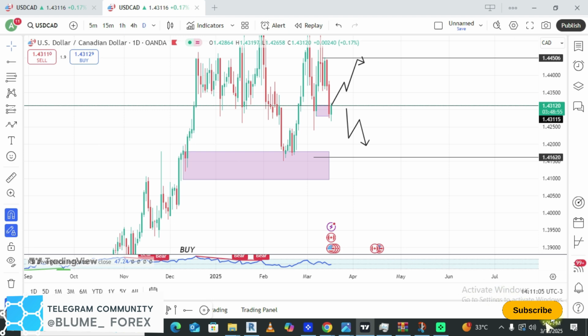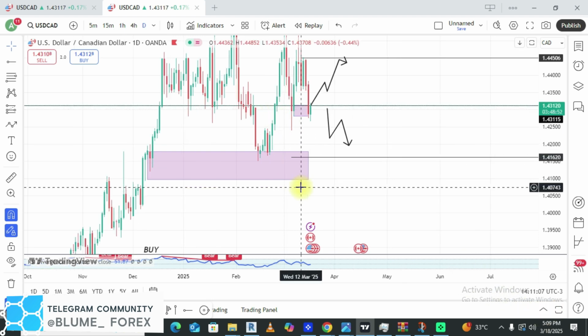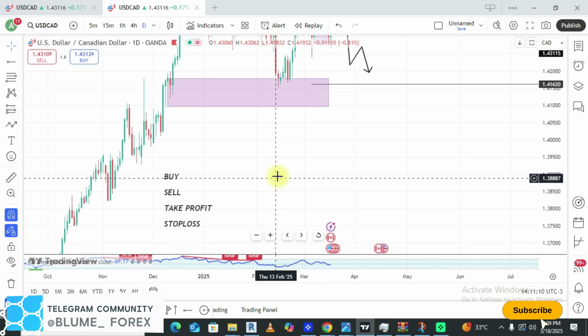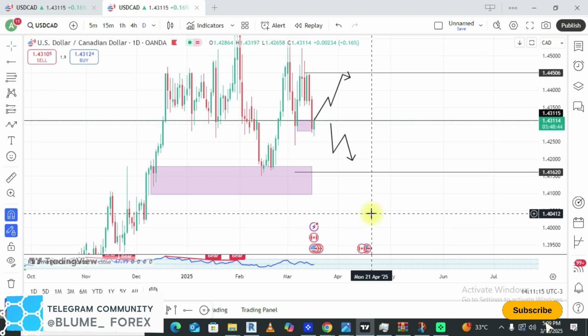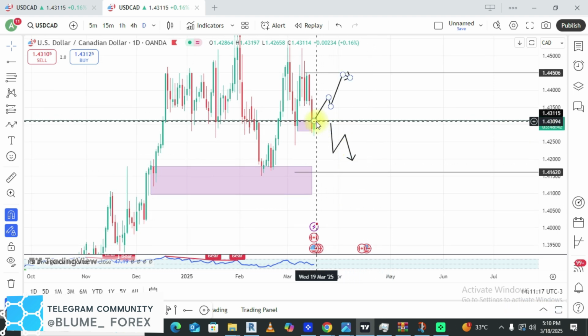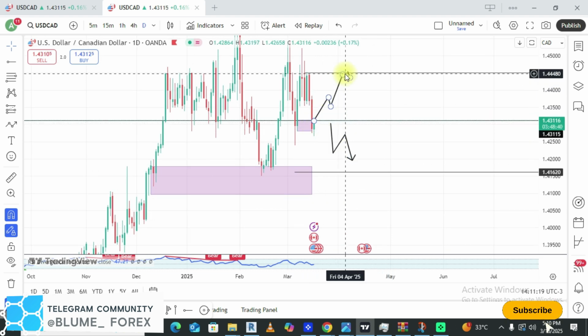All right. So in the next video, we'll be talking about lot size and pips. How to know how much that range is worth when the market moves from one point towards another.